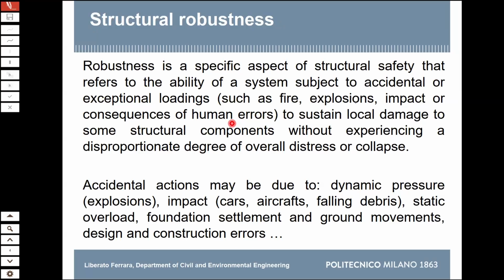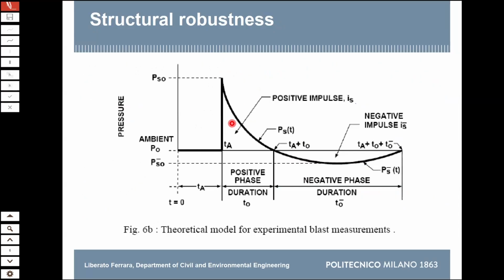We have to design according to the principle that we have to expect damage, but this damage should not be disproportionate with respect to the entity of the event which caused it. You see, the Ronan Point explosion was not a big event, because it was an explosion that did not kill the person and did not damage significantly the equipment there, but it caused a wall corner of the building to collapse.